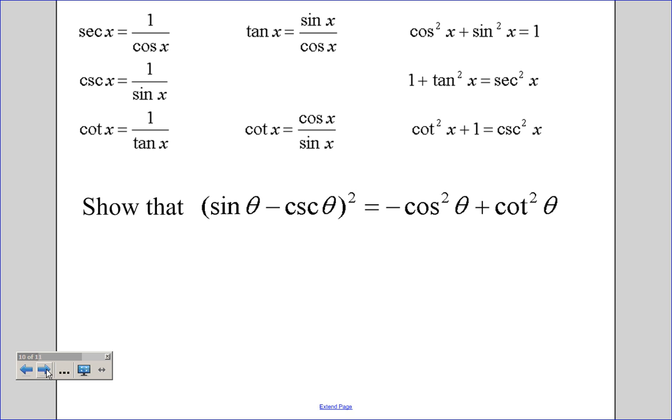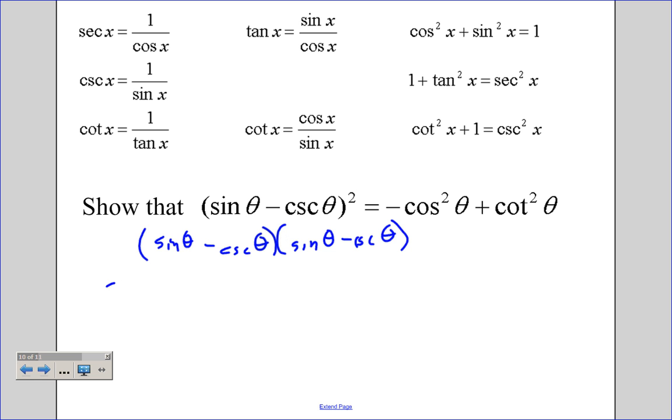Sine theta minus cosecant of theta, squared, is going to equal negative cosine squared plus cotangent squared theta. All right, so this is equal to sine of theta minus cosecant of theta times sine of theta minus cosecant of theta.